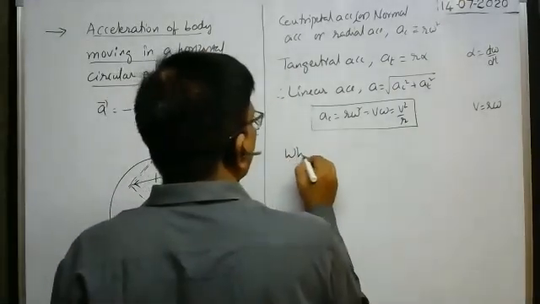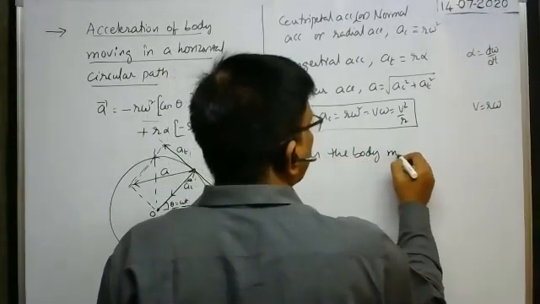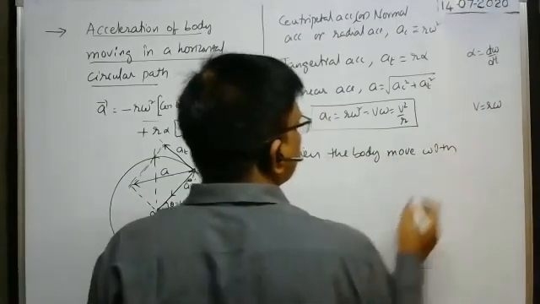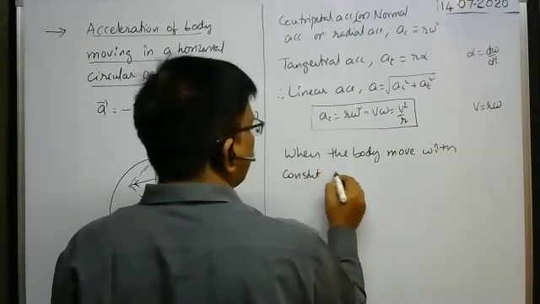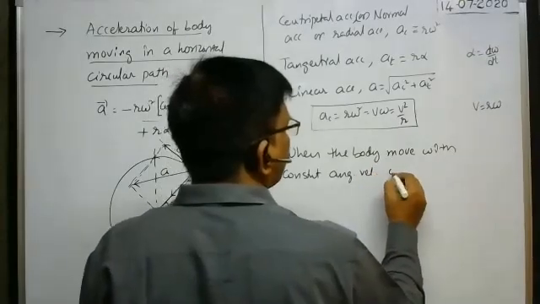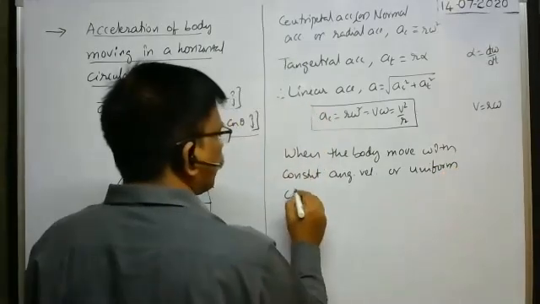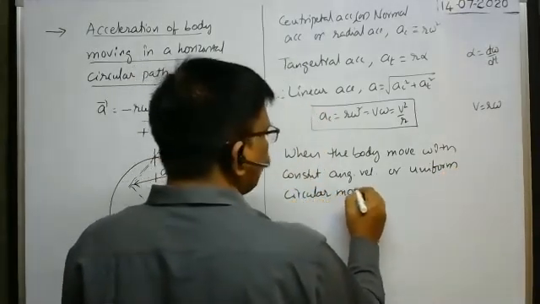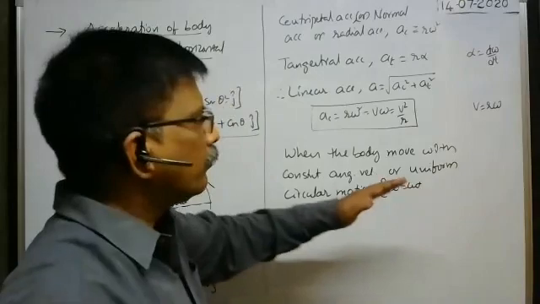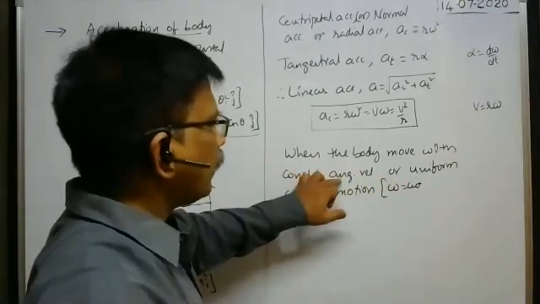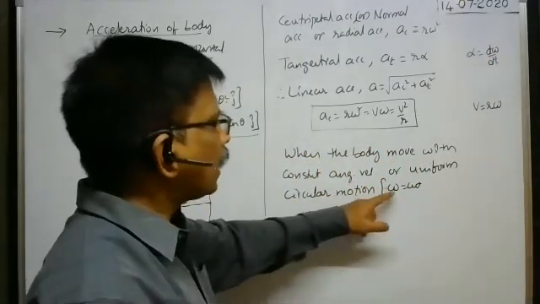When the body moves with constant angular velocity, or when the body is in uniform circular motion, that means omega is constant.